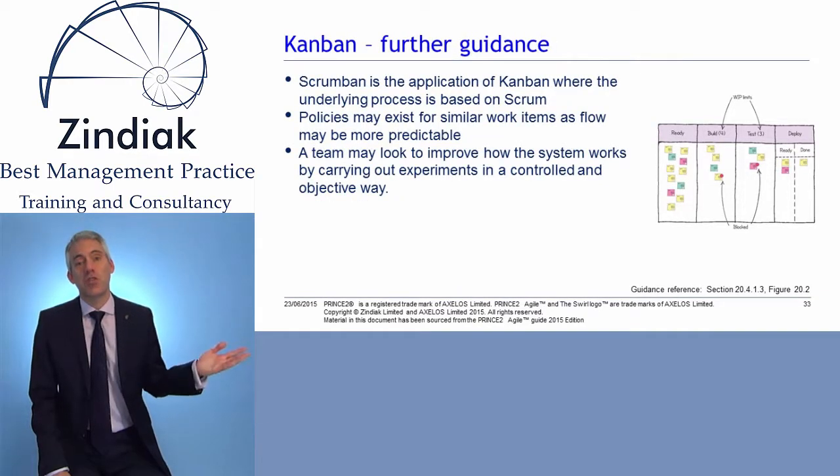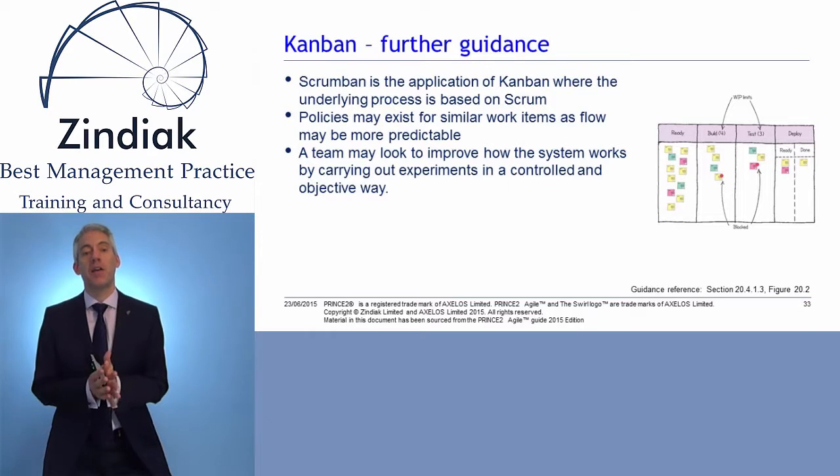So we've talked about Scrum, we've talked about Kanban. We should mention Scrumban, which is the application of Kanban where the underlying process is based on Scrum. So you need to be careful that you get the best of both worlds, not the worst of both worlds.